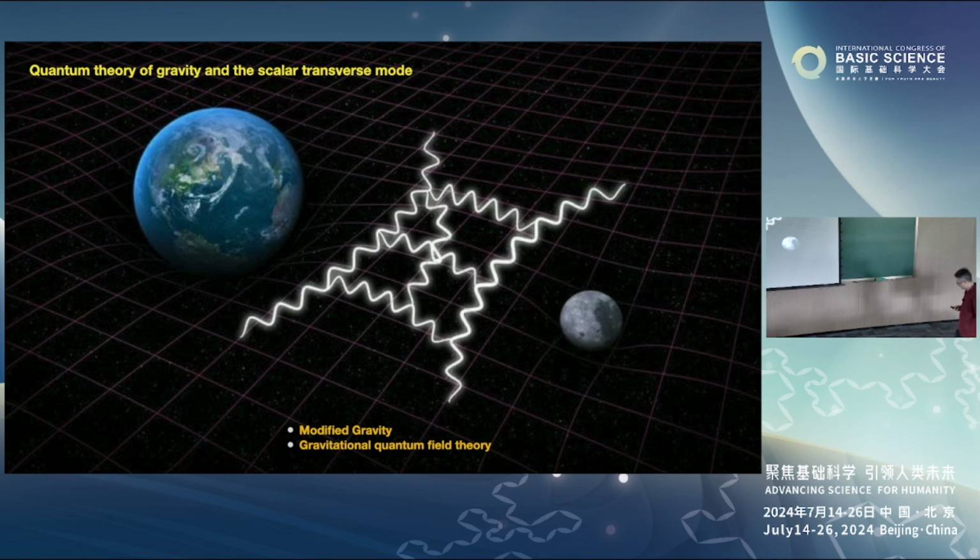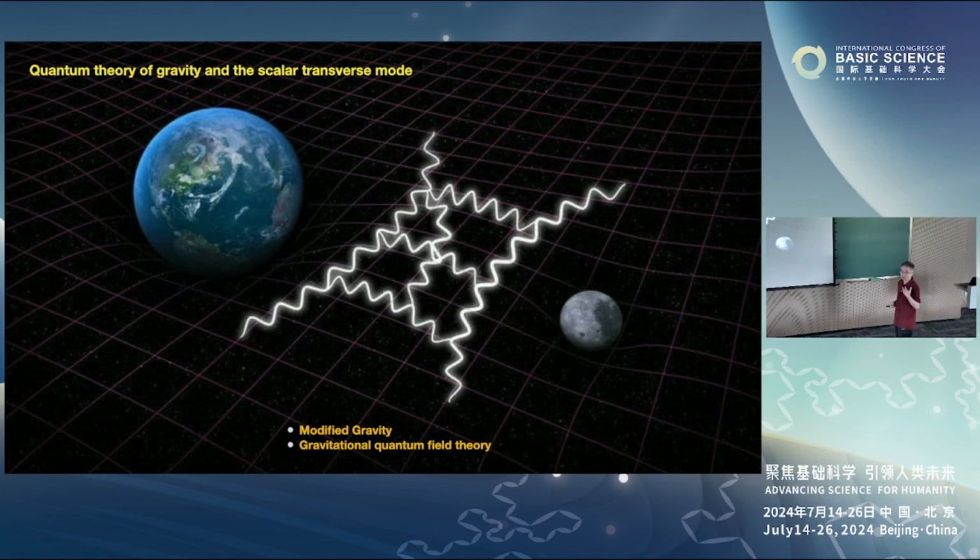From the fundamental theory side, we know we need a quantum theory of gravity. But we do not know whether these scalar transverse modes can help us build a consistent quantum theory of gravity or not.